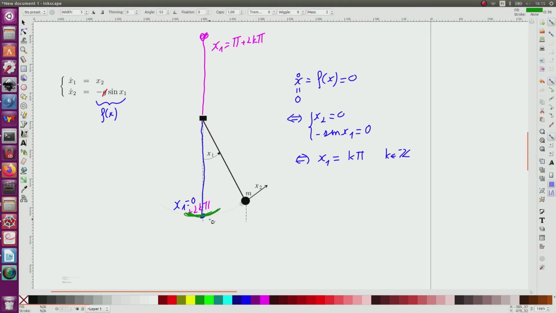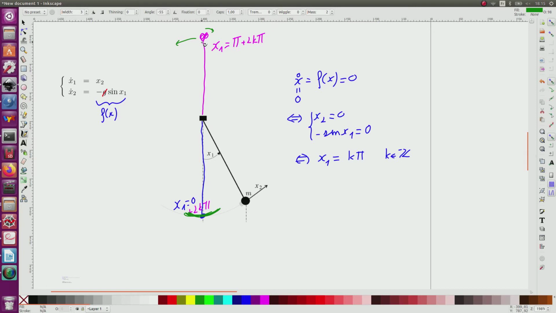So it is some kind of stability. But here it's totally unstable. It means that if I move a little from this equilibrium position by epsilon, then I will leave the region around the equilibrium point. So it is totally unstable.